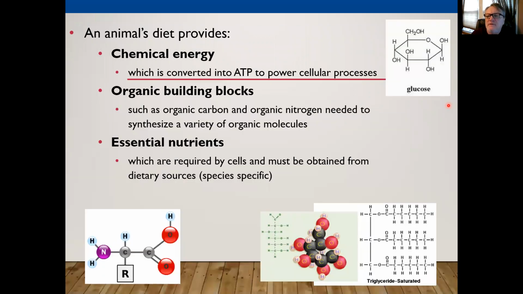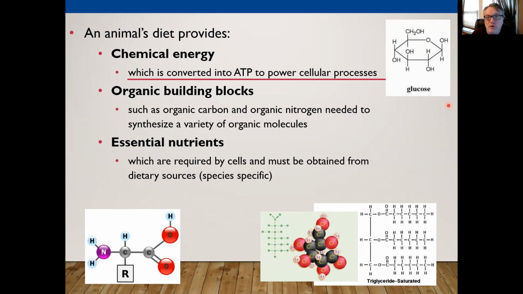So in this video, we're going to talk again very specifically about carbohydrate. And if we look at what an animal diet needs to provide, one of the first things is we need to provide chemical energy because animals are heterotrophic, meaning we cannot generate energy from just sunlight through photosynthesis.